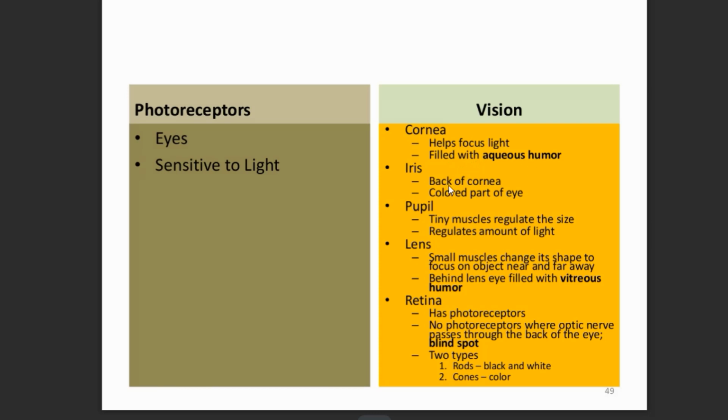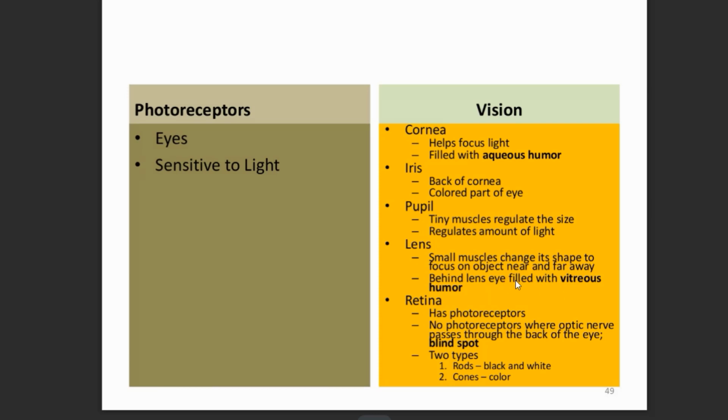The iris is the colored part of the eye. The pupil has tiny muscles that regulate its size, and so regulate the amount of light coming in. The lens has small muscles that change its shape to focus on nearby or faraway objects.